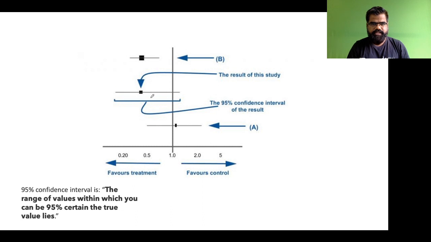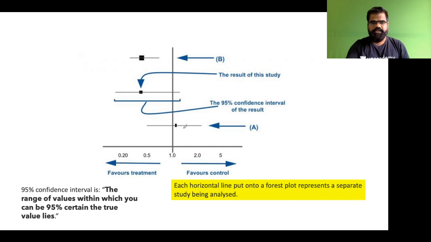Can I say this whole box with horizontal line is one study, this is another study, this is another study? Each horizontal line put on a forest plot represents a separate study. So this is study 1, this is study 2, this is study 3.